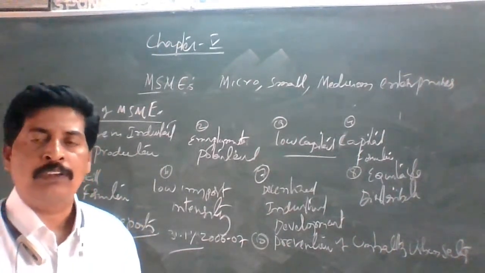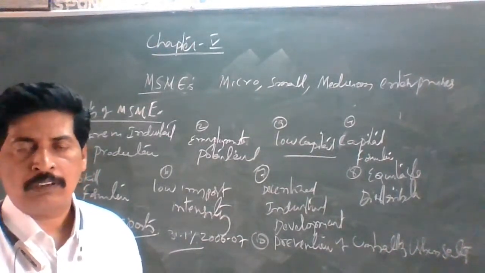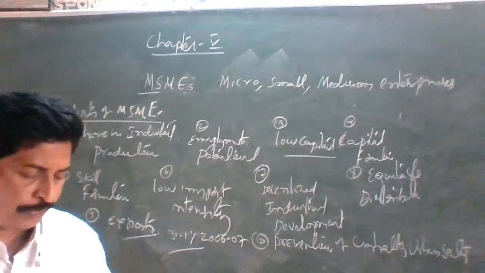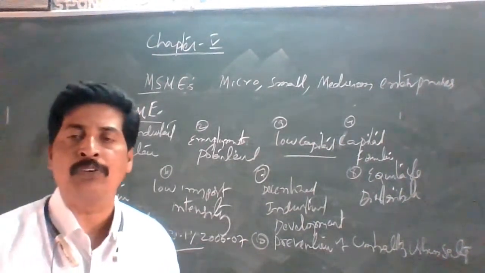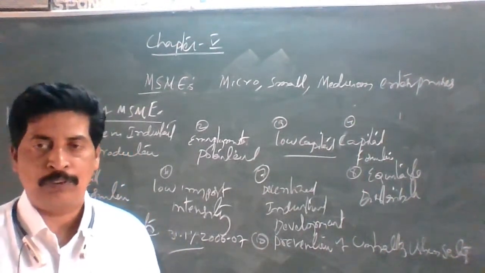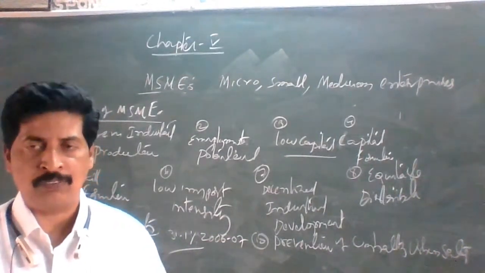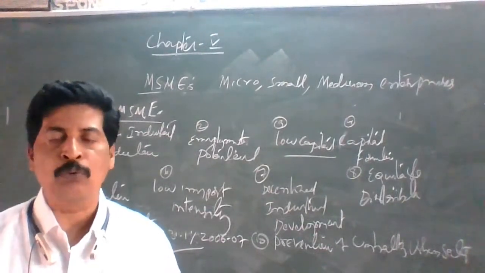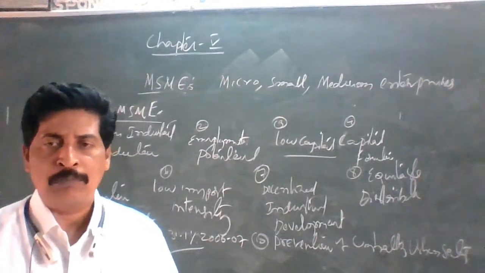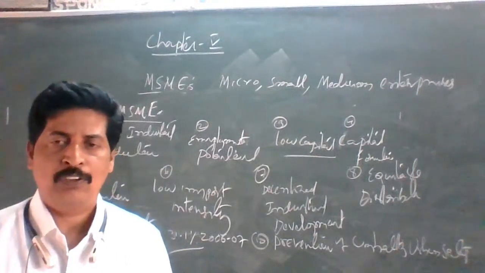MSMEs are always friendly to the nature. That is environmental friendly. They prevent environmental pollution because all the MSME units are labor intensive. When labor is involved in a production process, that is for manufacturing or preservation of goods or commodities, there is not much scope to release industrial emissions or industrial wastage.